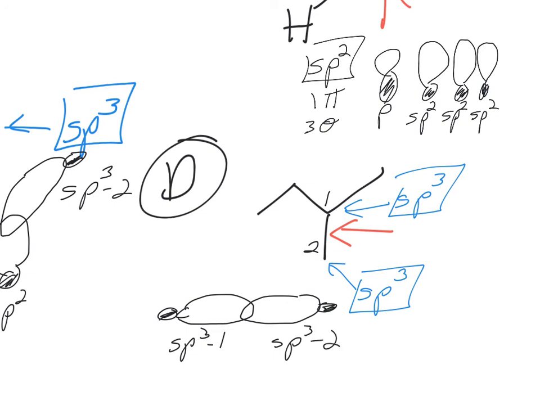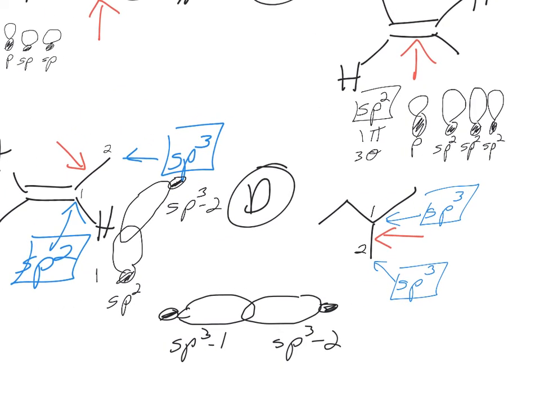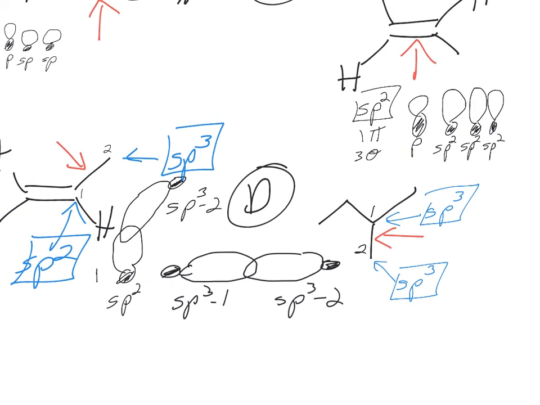Is that bond longer or shorter than when it was sp2? The bond should be longer, right? See how sp2 is shorter here, not as long as sp3? So two sp3s coming together is going to be a longer bond, which would make it weaker or stronger? Weaker, right? So the weakest bond is D, and it's also the longest bond too, right?